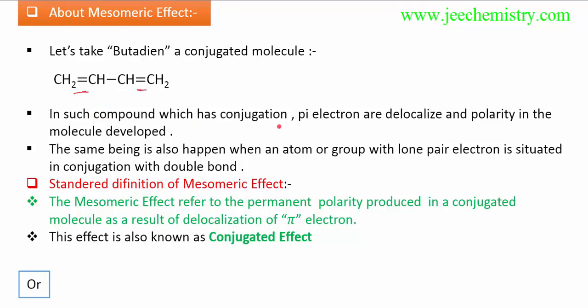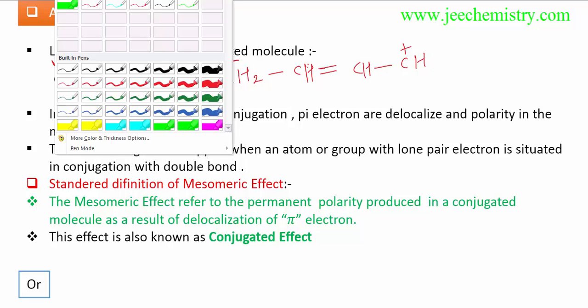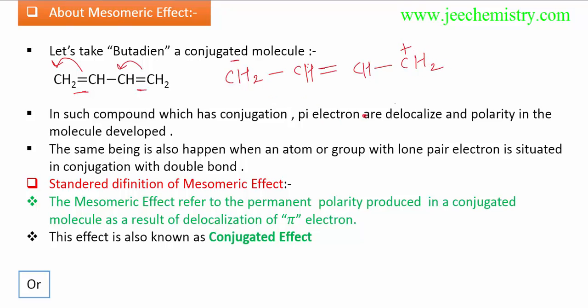In such compounds which have a conjugation, pi electrons are delocalized. Means if conjugation is there, then pi electrons will delocalize, so there may be shifting of these pi bonds like this. Now the compound will be like this.